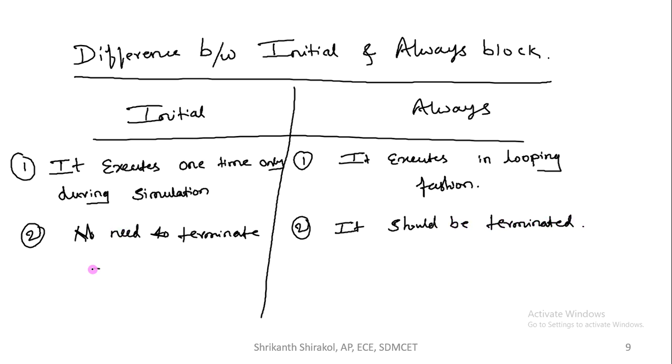So these are the two differences. You can quote some examples here that suffice to show the differences. That example I have already shown in the simulator as well as in the slides. You can definitely write those same things. Okay. So this is the difference between initial block and always block.